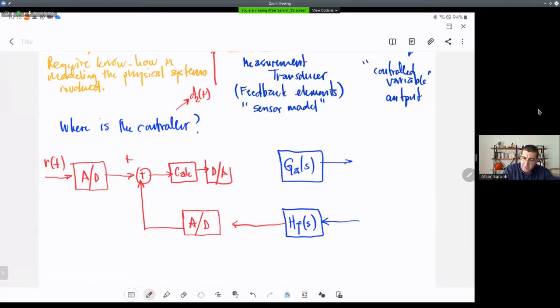You convert the result of these calculations into a physical analog signal, let's say a voltage, and you supply it to the actuator. So where is the controller? Well, everything within this boundary, in this case, is the controller.